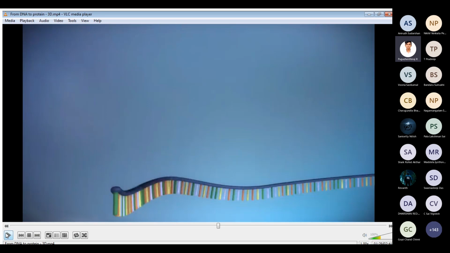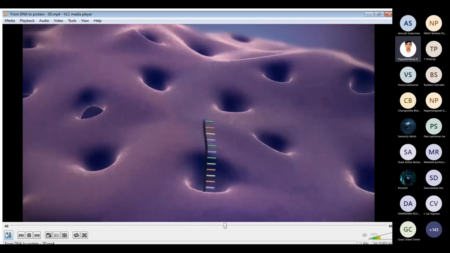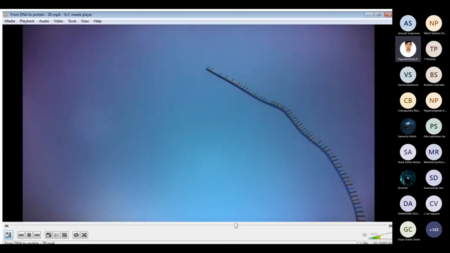Whichever part contains the actual code alone will be taken, and the remaining will get removed. The final RNA is called mRNA. The one exactly copied from DNA is called pre-mRNA. Then the removed unwanted segments are discarded. Messenger RNA then moves out of the nucleus into the cytoplasm. Now it is coming to the cytoplasm through a pore.